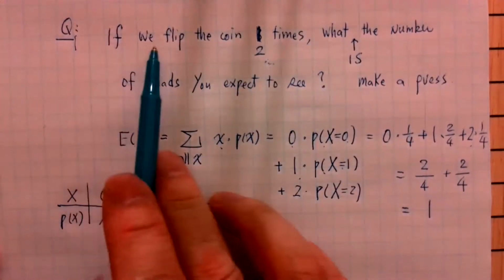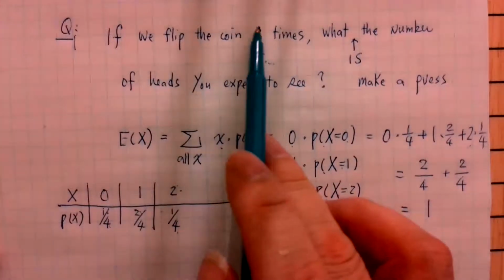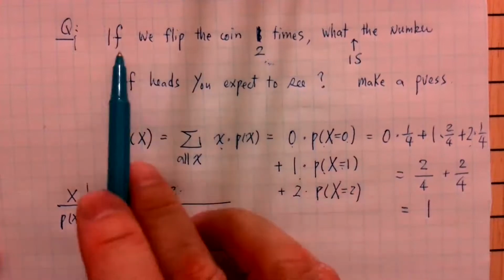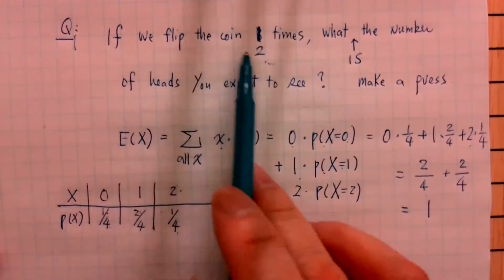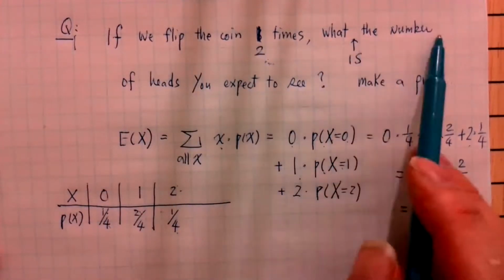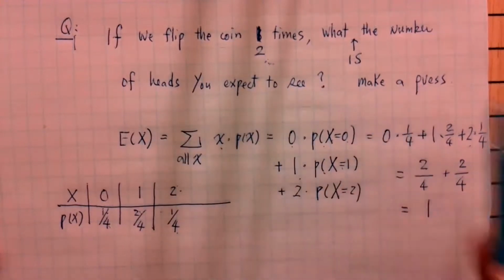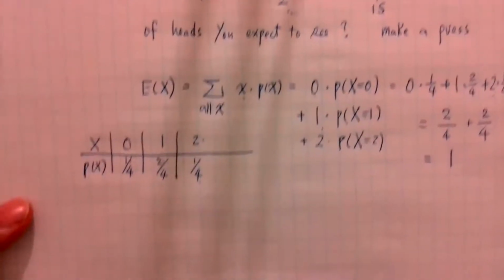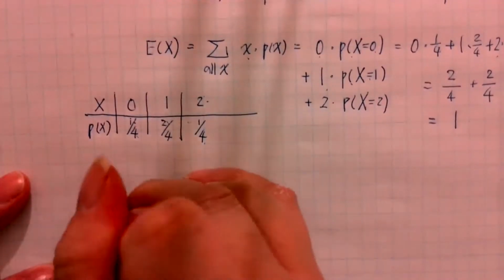Now, if we flip the coin, listen, this is a mistake. Originally I wrote 3, I changed to 2. This is our experiment. If we flip the coin 2 times, what is the number of heads you expect to see? Make a guess. You're going to guess 1. And second question, how good is your guess?